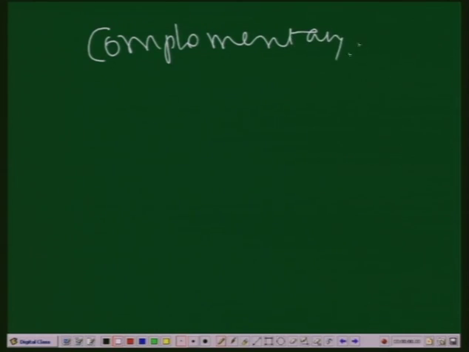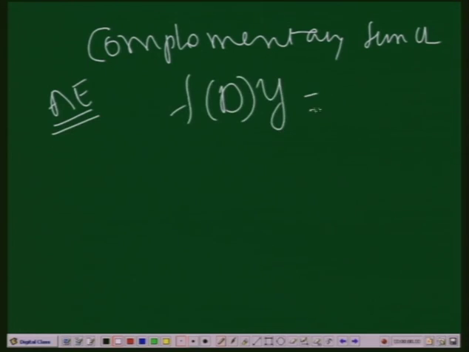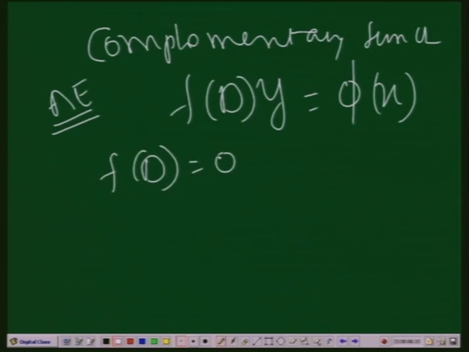As you know, depending on the nature of the roots of the auxiliary equation, if the given linear differential equation with constant coefficients is written in the form f(D)y equals phi(x), then what is the auxiliary equation? f(D) equals 0, or I can take it as f(m) equals 0. You have to find the roots of this auxiliary equation. Depending on the roots, we write the complementary function.